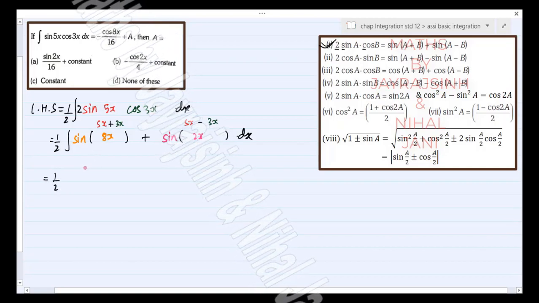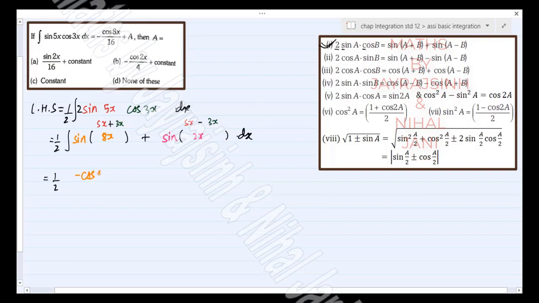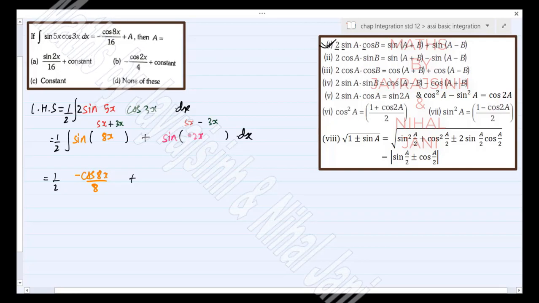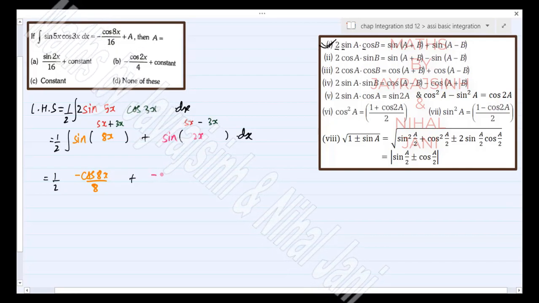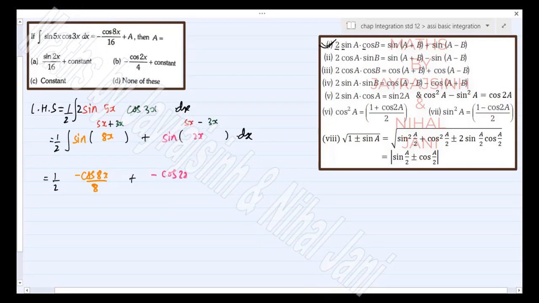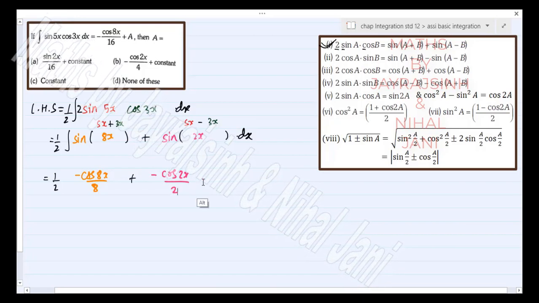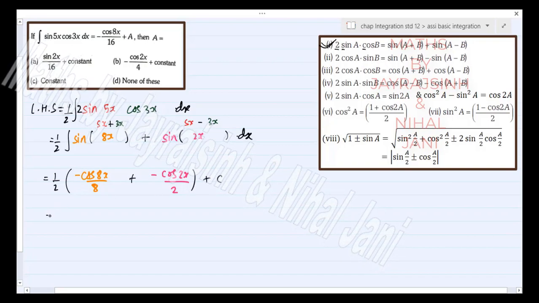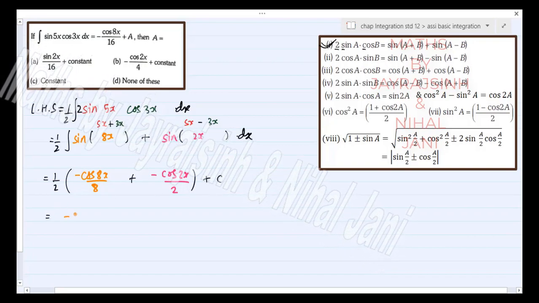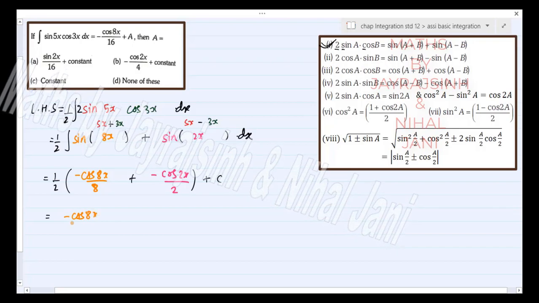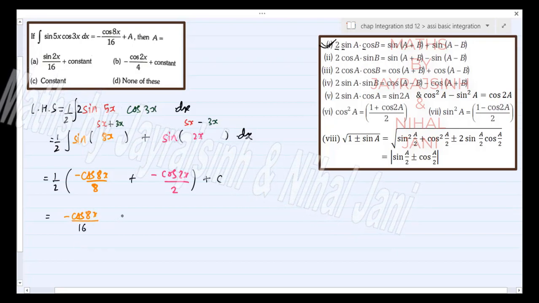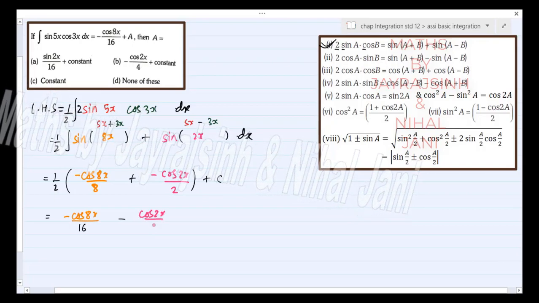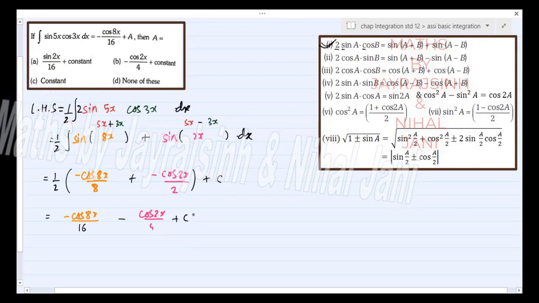Integration of sin 8x will be minus cos 8x upon 8, plus integration of sin 2x will be minus cos 2x upon the coefficient of x, which is 2, plus c. In further simplification we will get minus cos 8x upon 16 minus cos 2x upon 4, plus c.